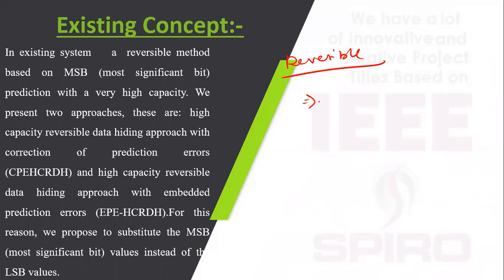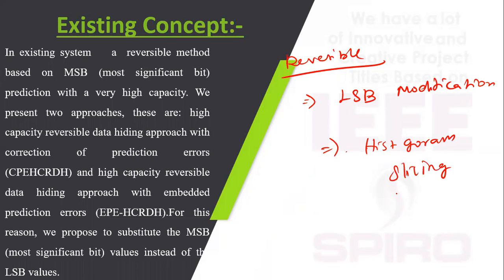In the reversible model, some prediction errors will be there, and the models are first of all LSB modification, next histogram slicing, and next difference expansion.